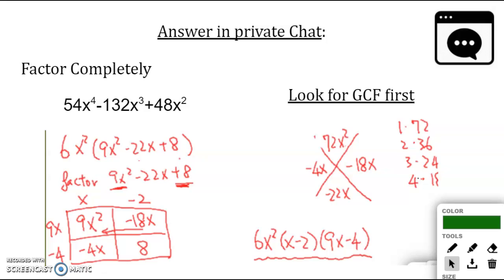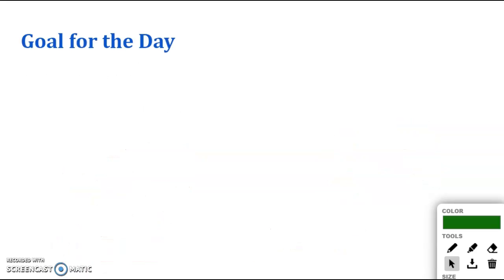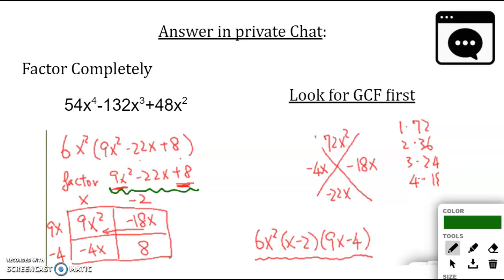Okay. Now from here, we are going to try to factor 9x squared minus 22x plus 8. Okay, so the first thing I need to do is do my diamond for 9x squared minus 22x plus 8. Again, we're just factoring this, and at the end, we're going to put the 6x squared back.